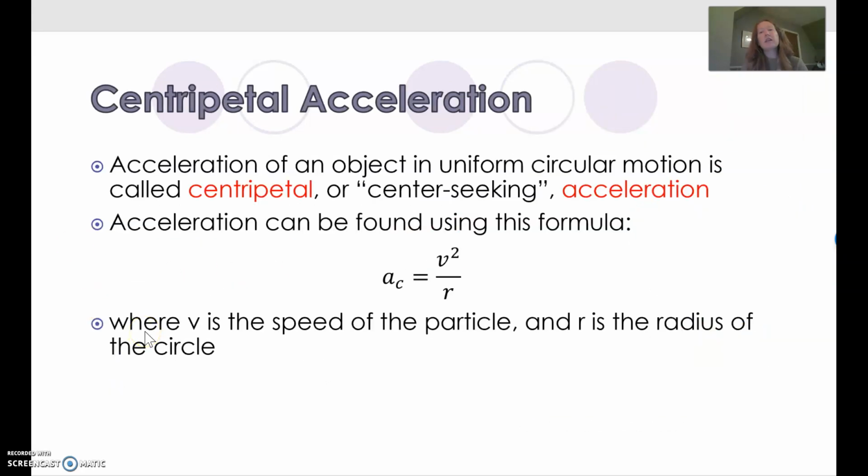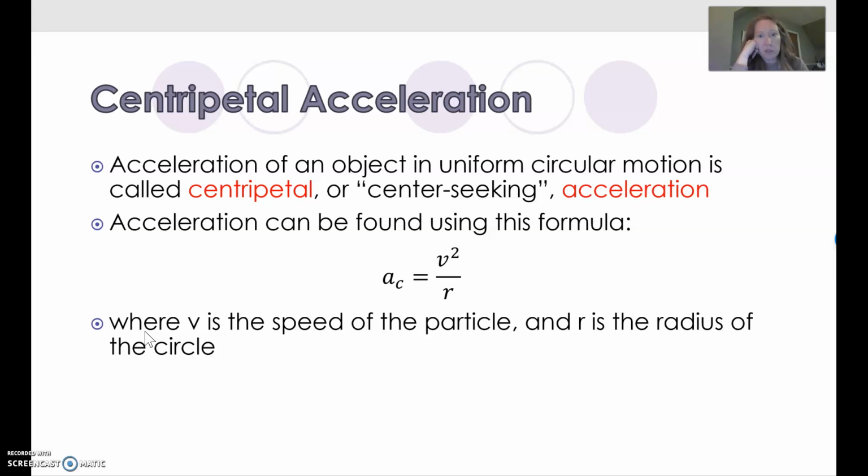Okay, so as you're thinking about objects that do this, you can think about a merry-go-round, a vertical circle like a Ferris wheel, these types of things, even a car going around a circular racetrack.